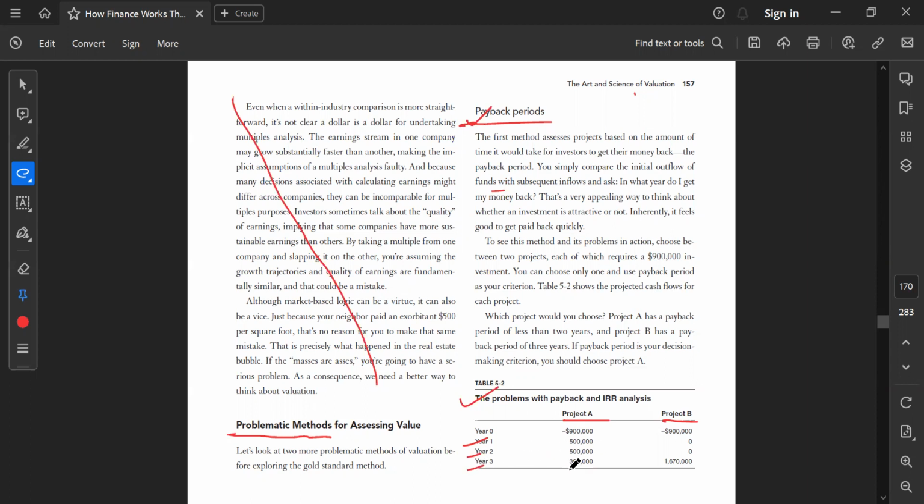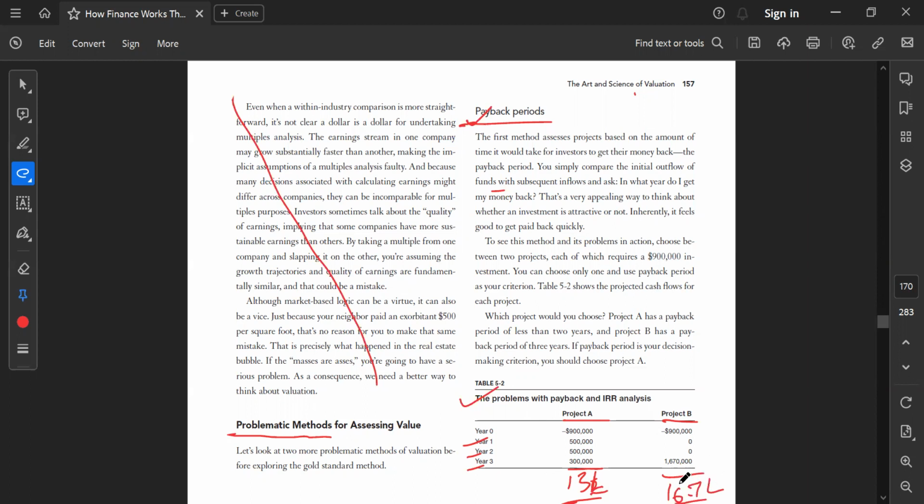And in year 3 I get 3 lakh rupees. Okay, so in total in 3 years I get 13 lakh rupees, sorry, dollars. But in case of project B, in the first year I get zero, in the second year I get zero, but in the third year I get 16.7 lakh.